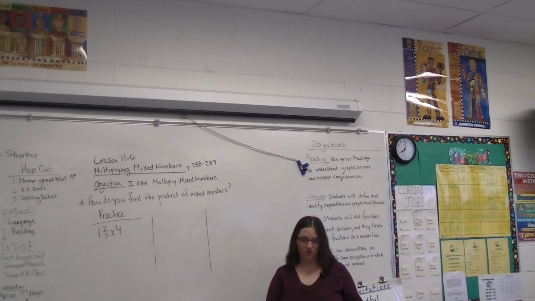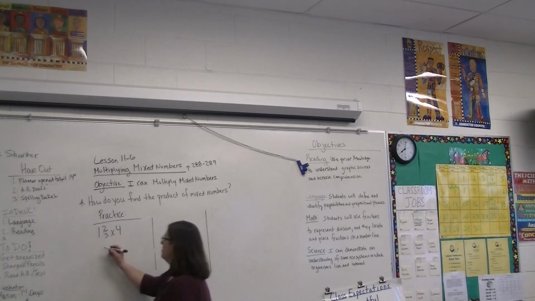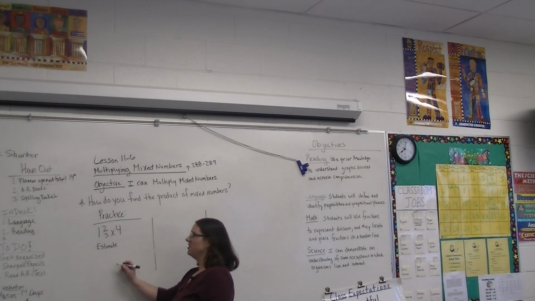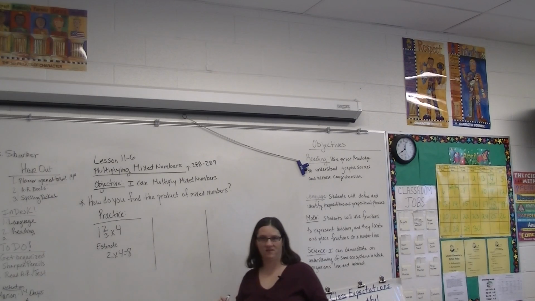So I'm going to walk you through how we do this with a whole number. Our first step though is the same, is to estimate. So 1 2/3, is it close to 1 or is it close to 2? And that is 1 2/3 is close to 2. Times 4, since it's already a whole number, we're done with that estimating, and 2 times 4 is 8.